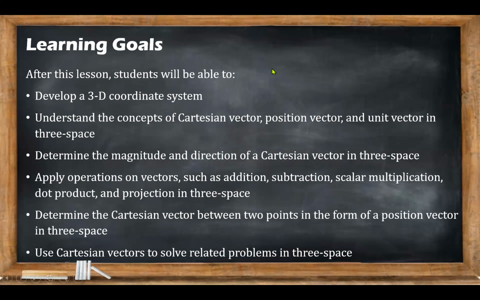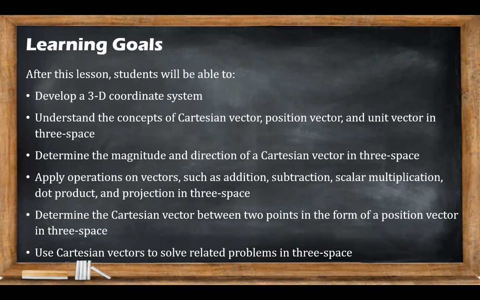First, let's have a look at today's learning goals. After this lesson, you are expected to be able to develop a 3D coordinate system, understand the concepts of Cartesian vector, position vector, and unit vector in 3 space. Determine the magnitude and direction of a Cartesian vector in 3 space.